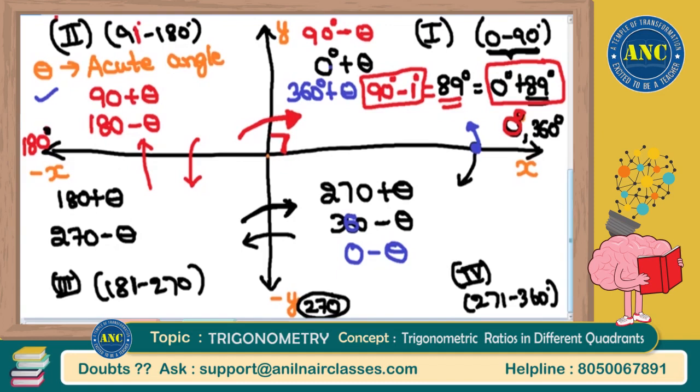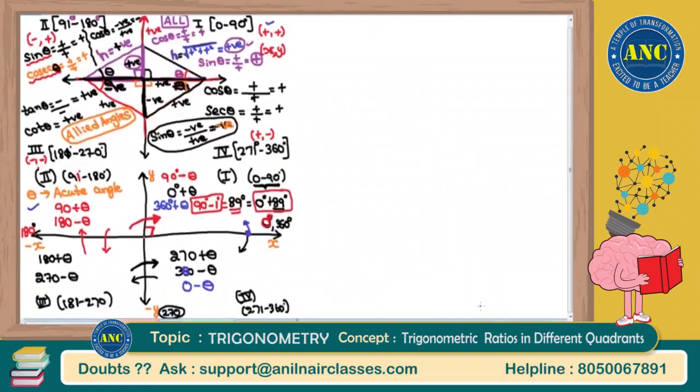I hope everyone is clear. Everyone who is listening to this concept should be extremely clear with all the conceptual clarity. This is one part of the graph. This is my second part of the graph.